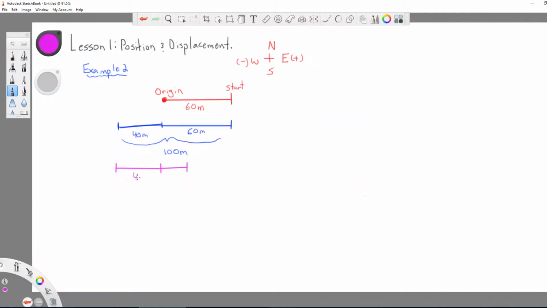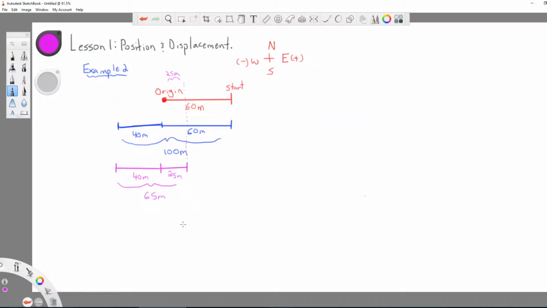So this is 40 meters, this is 25 meters. The total distance we travel on this trip is 65 meters. And this gets us back to this 25 meters east of the origin.